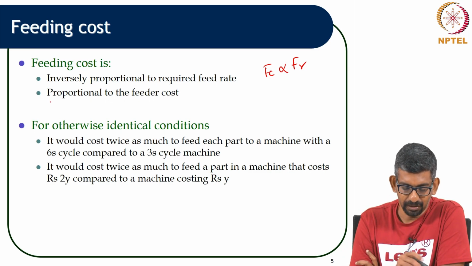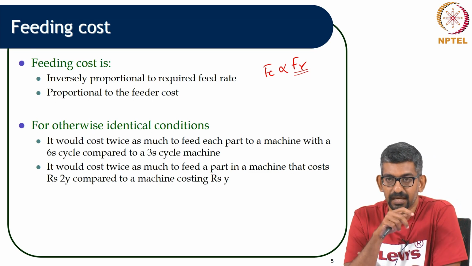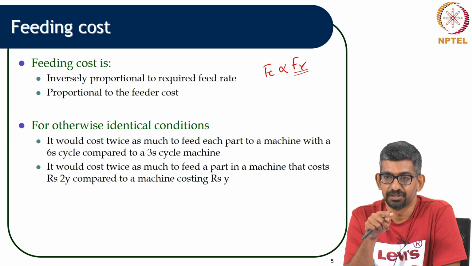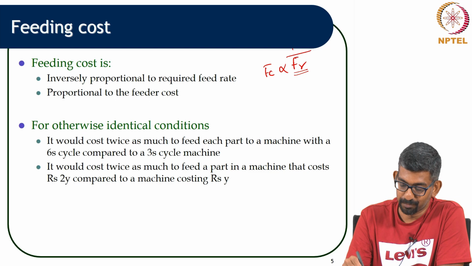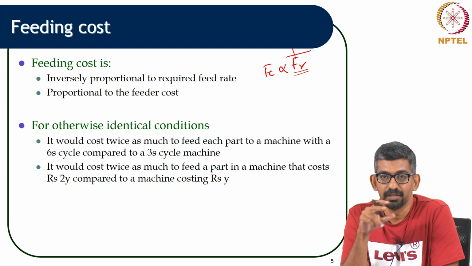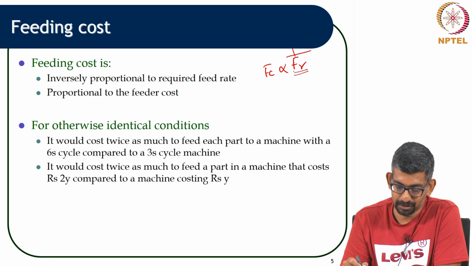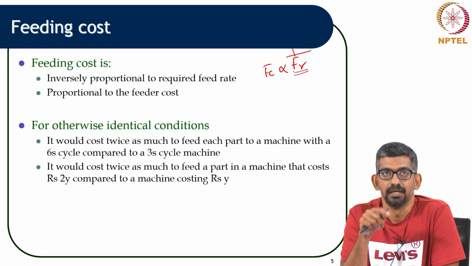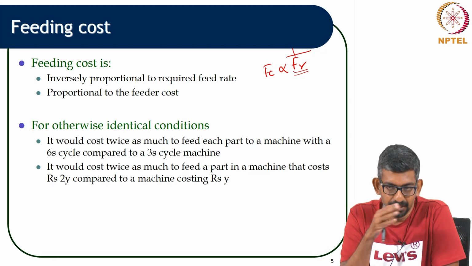Okay. So, the feeding cost is inversely proportional to the feed rate, and oftentimes the feed rate is also governed by the capacity of the machine. The feed rate is oftentimes governed by the capacity of the machine and how many components you want to make in a given time.